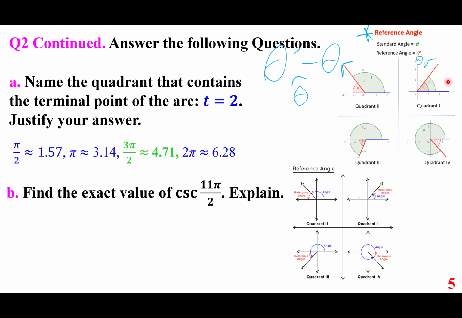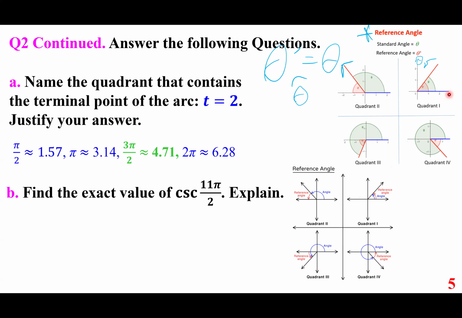If it's not, what happens? Reference arc, by definition, is the smallest angle that the terminal side makes with the x-axis. And it doesn't say anything about positive or negative, okay? Just the closest possible way of drawing it.